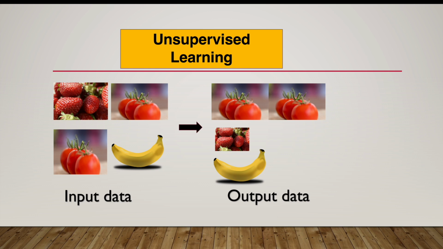In that way, in unsupervised learning, we don't provide any label, we provide just the data. The machine learning algorithm will itself identify the logic or the reasoning behind it based on the properties, and then it will categorize that data.